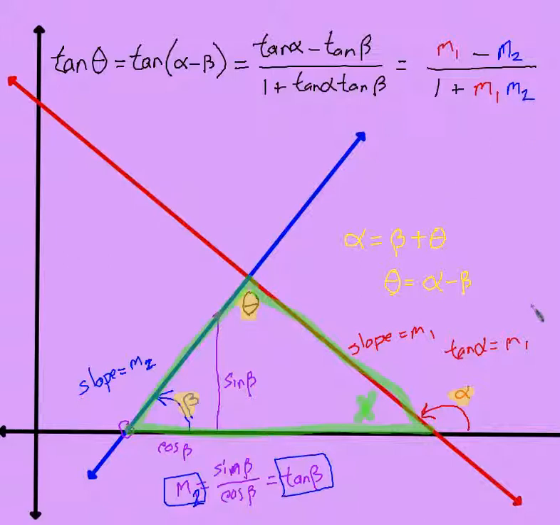Which then means that if I want to find what alpha is, I can just take the inverse tangent of all of this. And all of this expression here, m1 minus m2, all divided by 1 plus m1 times m2, I can get from the slope of my red line and the slope of my blue line. All right, so let's look at an example.